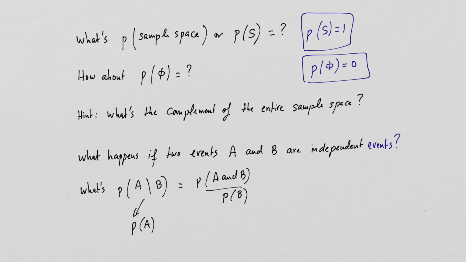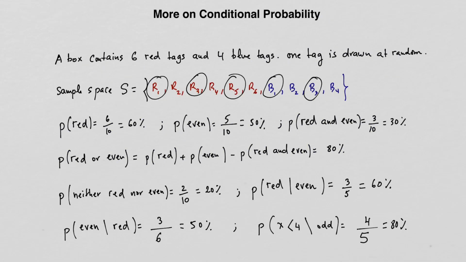So if you find out that P of A given B, you do this math, and you get some number, and then you compare this answer to the answer you get for P of A. If these two happen to be equal, then the events are independent. So let's look back here. The probability of even given red.